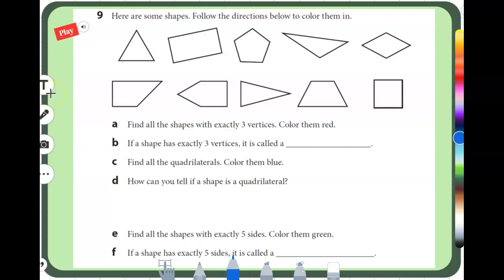Letter E says find all the shapes with exactly 5 sides and color them green. Change the pen tool to green and color in the shapes with 5 sides. Letter F says if a shape has exactly 5 sides, it's called a. Write the name of the shape in letter F.